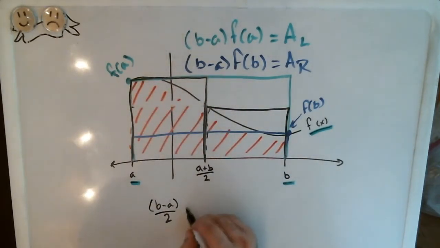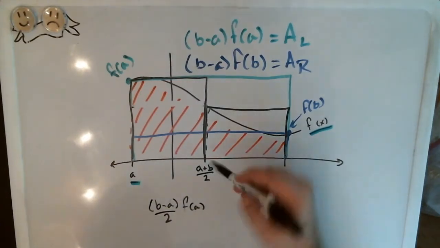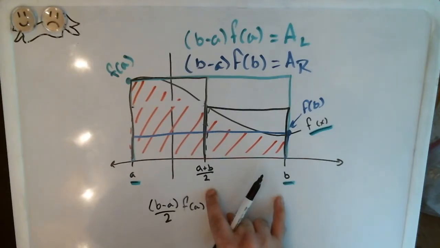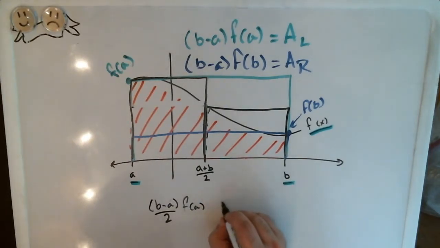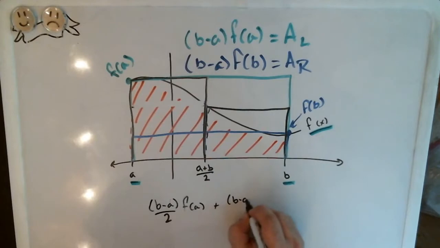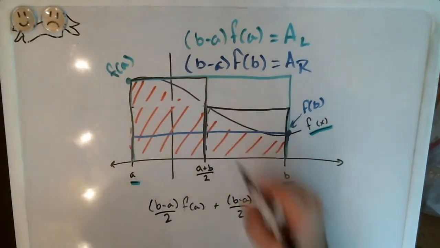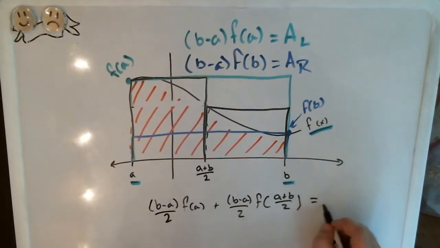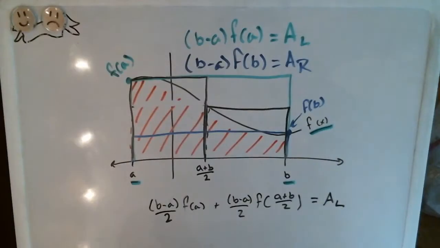Okay, the height of that is f of a. Or I can use this rectangle right here, where the width is again b minus a over 2, but the height this time is f of a plus b over 2. And that could be a new approximation, again using the left endpoints.